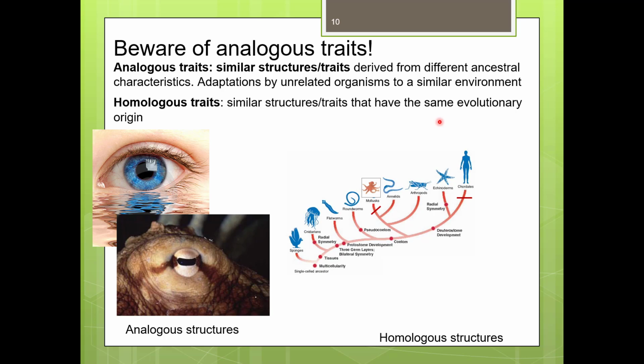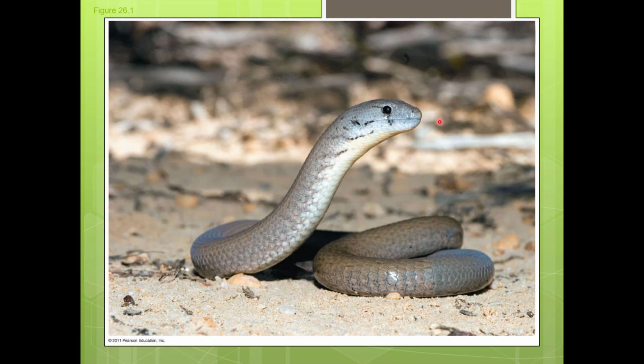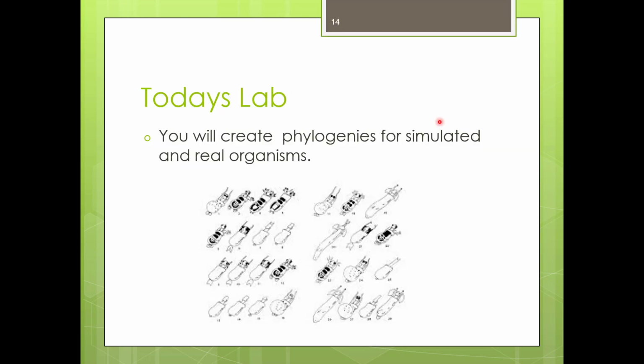Okay? So let's look at an example of this from your textbook. You see this organism here, a lot of us would call that a snake, and if I remember correctly, Linnaeus called this a snake. Okay? Looks kind of like a snake, right? It's a legless reptile.